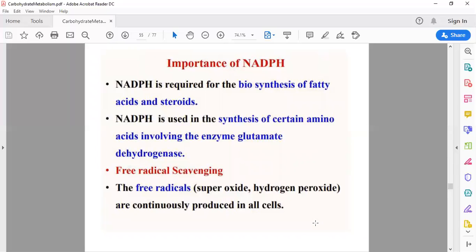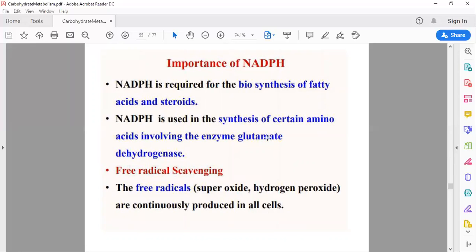Example, adipose tissues, liver, etc. Then NADPH is also used in the synthesis of amino acids, and the enzyme involved is glutamate dehydrogenase.